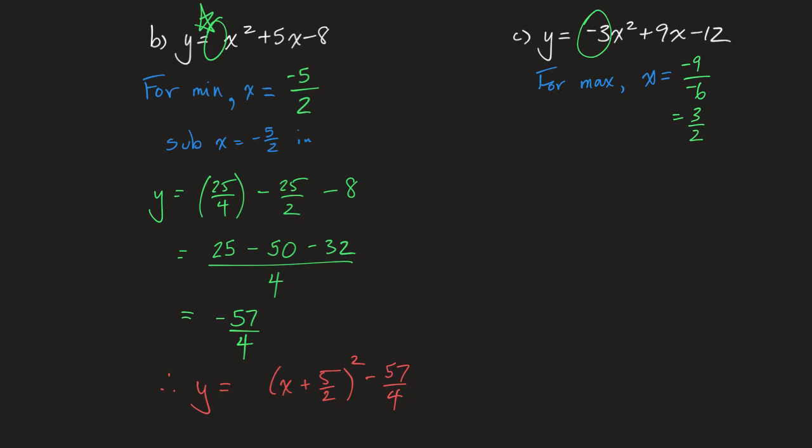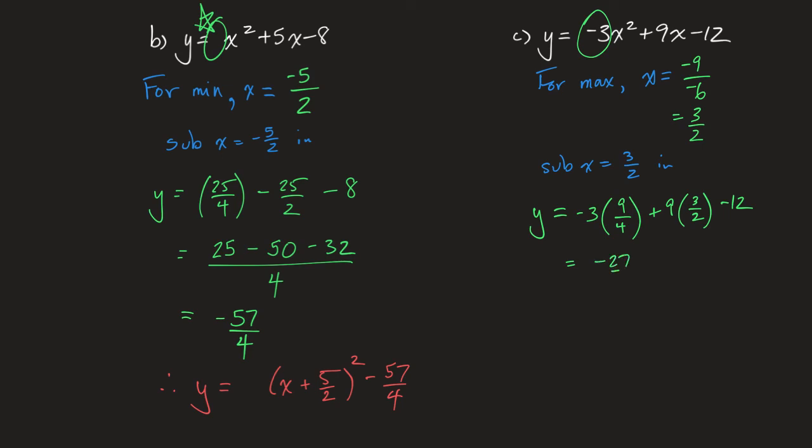So what I can then write is I'm going to sub x equals 3 halves back into my function. So I'm going to leave that negative 3 out in front, square my power. Maybe I leave the 9 out in front, sub in my power. That's okay as a first line. Now I can simplify each term.